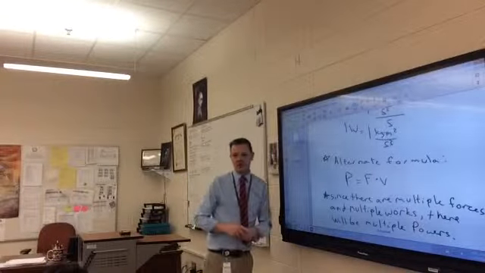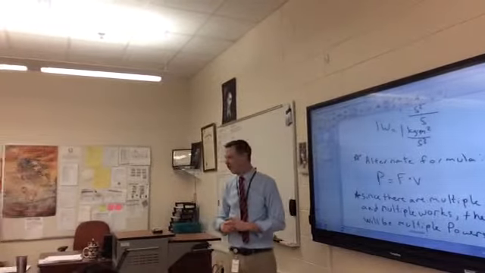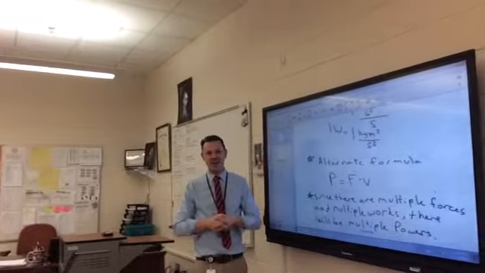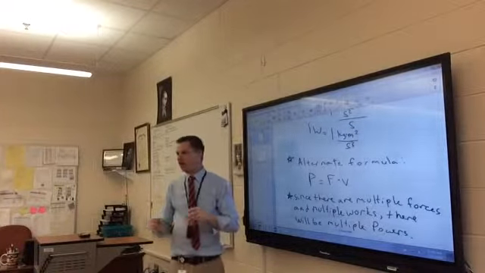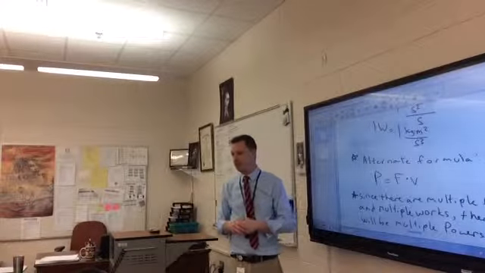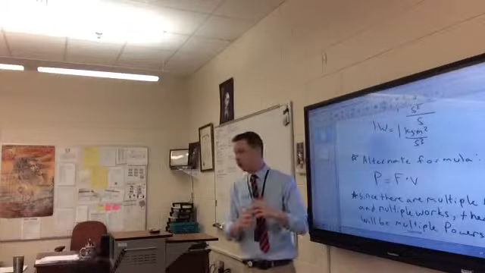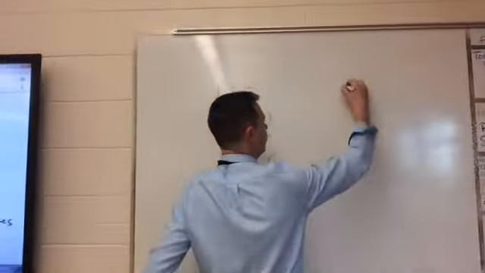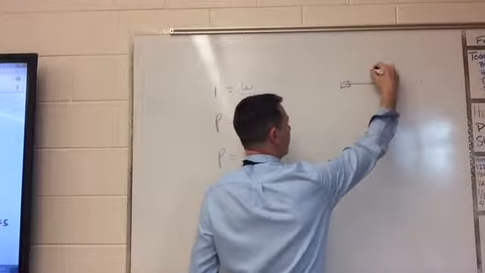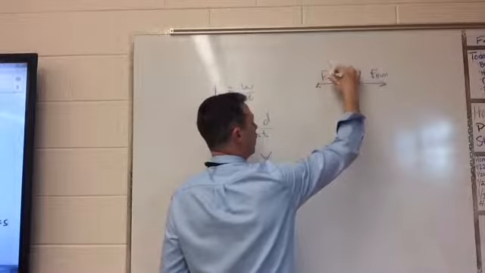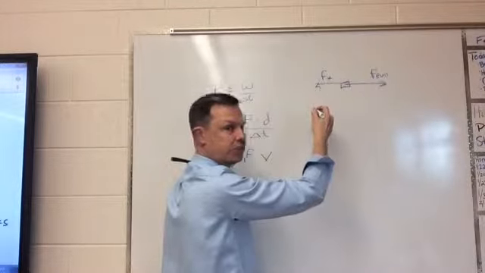So, since there's multiple forces and multiple works, then there's multiple powers, okay? If I was looking at a very basic problem where something was being pulled one way and then there was friction the other way, then we'll talk quickly about the multiple work situation. The free body diagram in that situation would be F pull and Fk going back this way, okay, for kinetic friction, right?